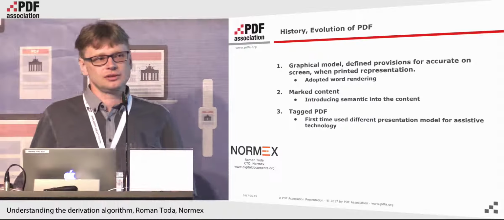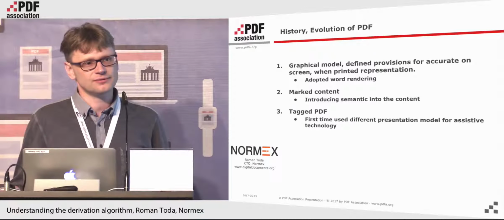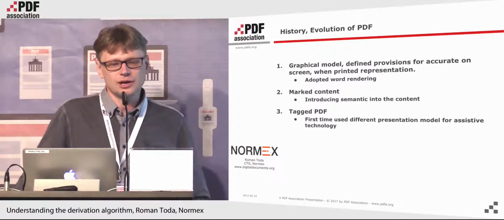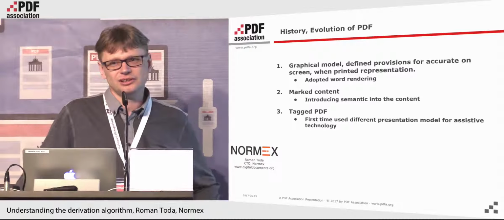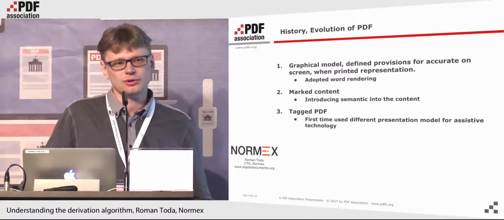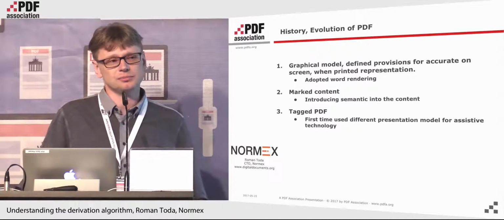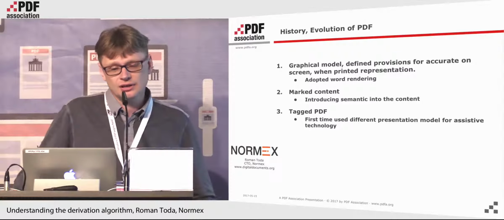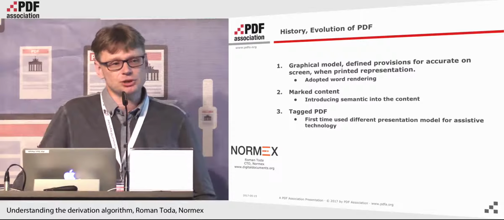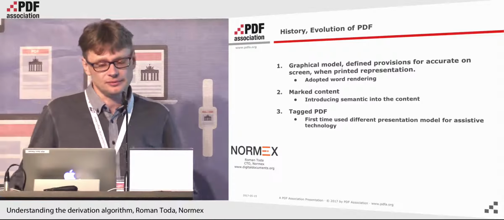Later on, as PDF evolved, we introduced marked content. So we needed to know a little bit more about structures in a PDF. We needed to know what is a paragraph, what is an image, and what is a table.